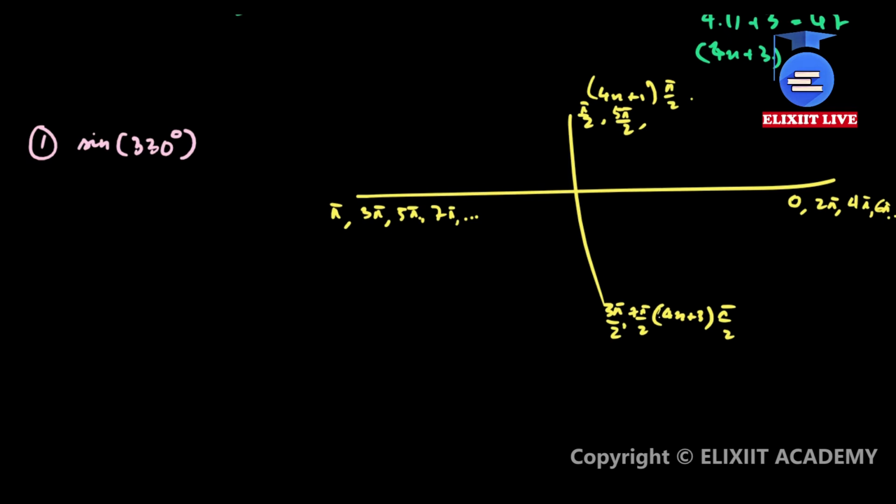Then we have 11 pi by 2 and so on. Now what is the main idea over here? What is the logic I'm trying to derive over here? Understand?